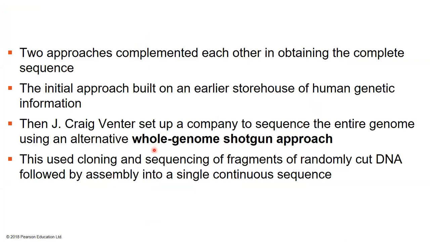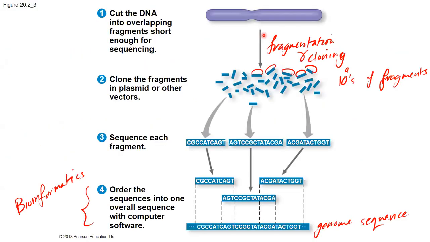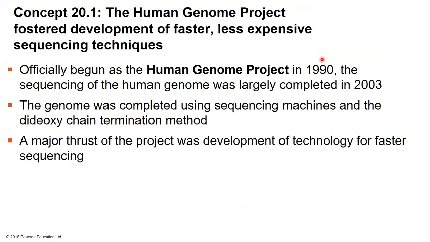It was called whole genome shotgun. Whole genome because, so this looks like a chromosome, but imagine you have a whole genome, not just one chromosome, all chromosomes, okay? And it's called shotgun.